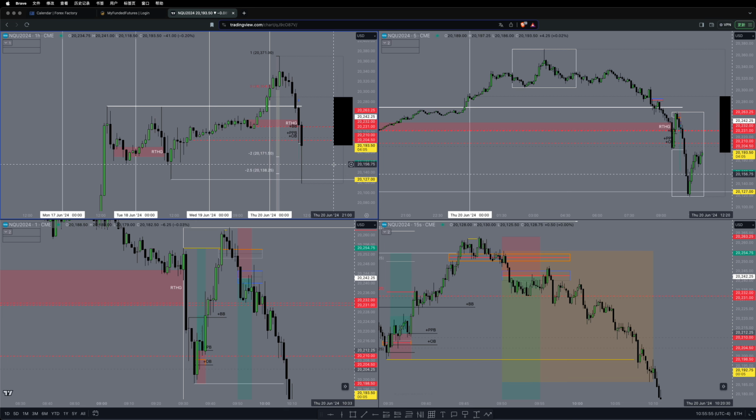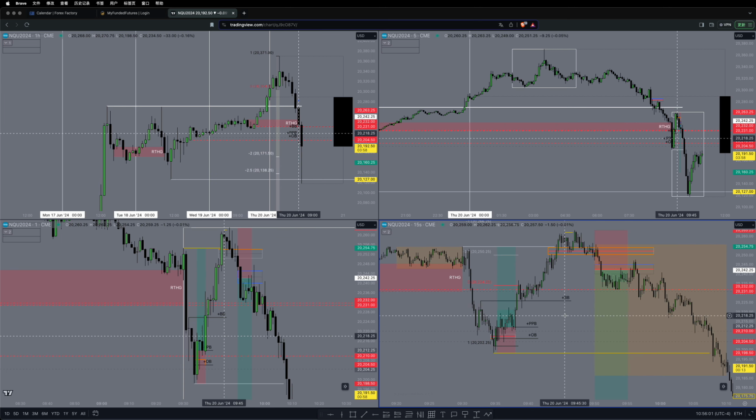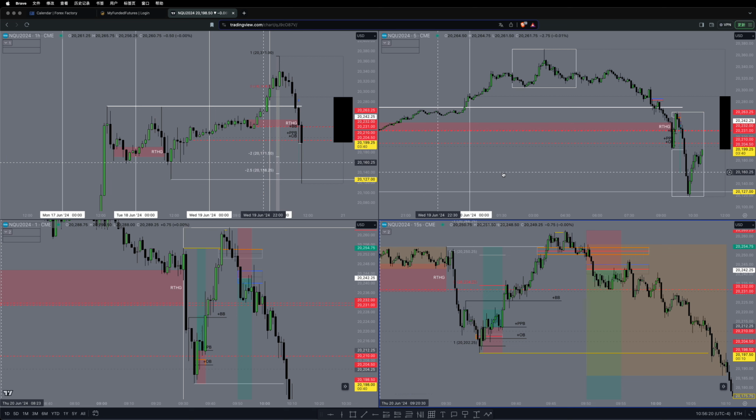It's not really worth it to blow all the profit. And the other thing is that I only had one contract. I traded only one macro because it's a 50k account, and if I had more contracts, I would definitely take partial here and set this as my final take profit.